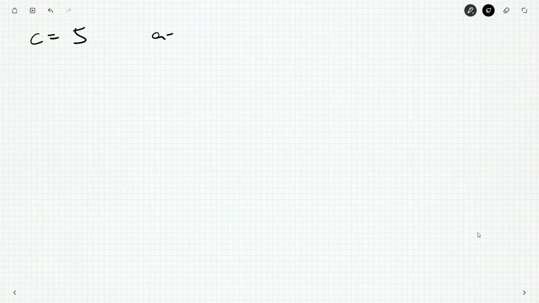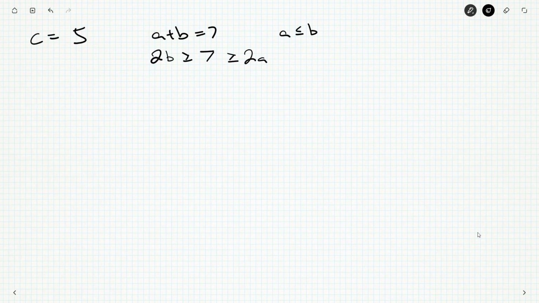And then A plus B would be equal to 7. Now A is less than or equal to B. So that tells me 2B is greater than or equal to 7. It's greater than or equal to 2A, because this is in between the two of them.